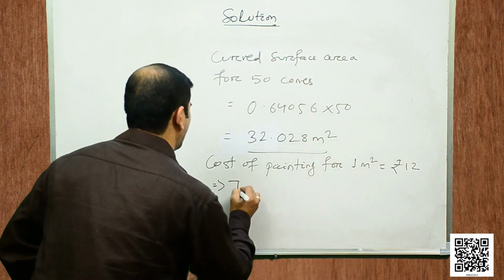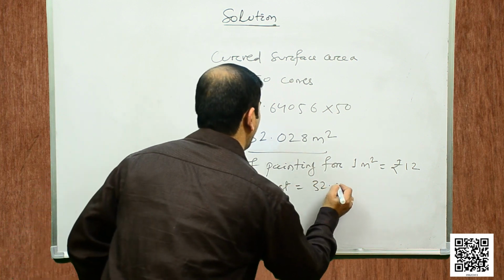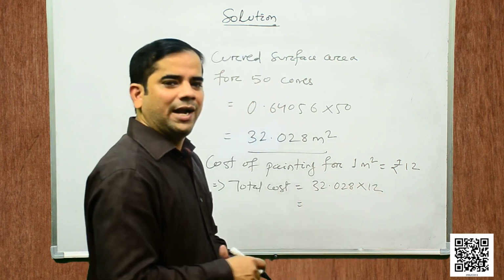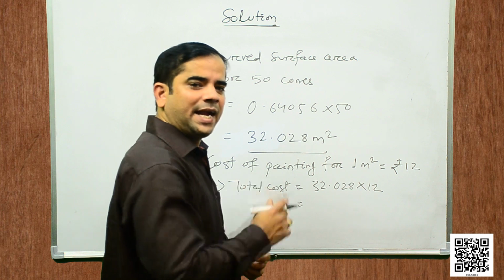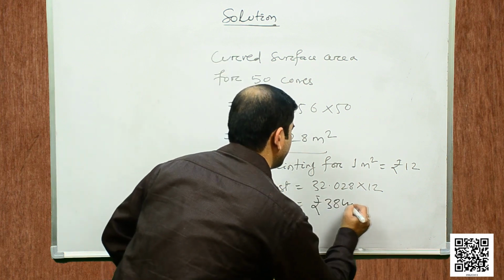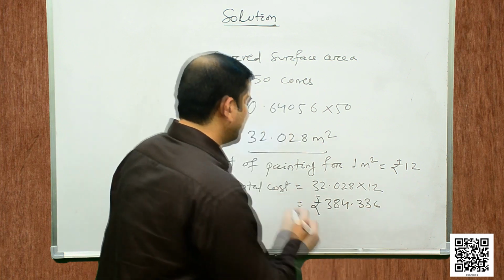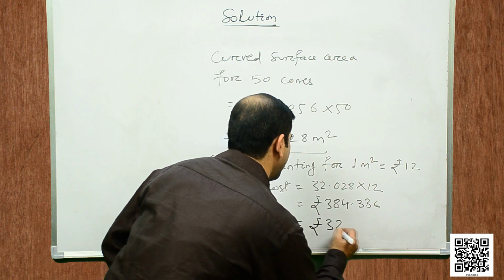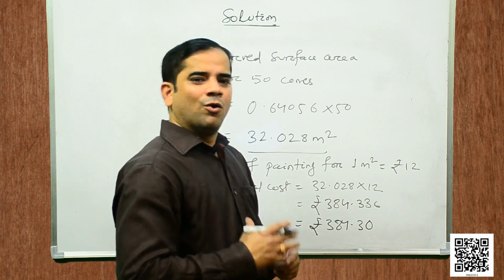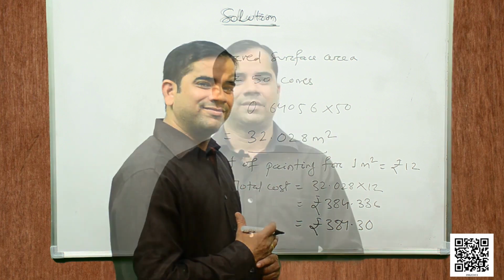That implies total cost is equal to 32.028 into 12, and when you calculate, it will be rupees 384.336, or we can round it off as rupees 384.34. Okay. Hope you understand the solution for this question.